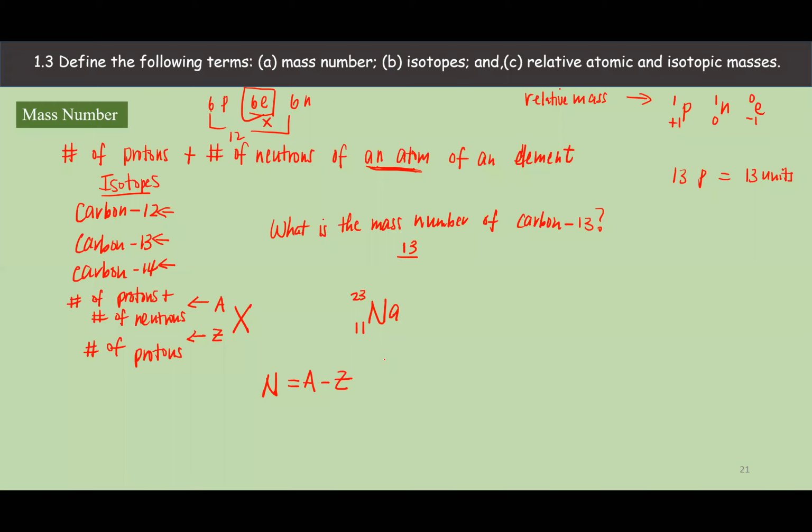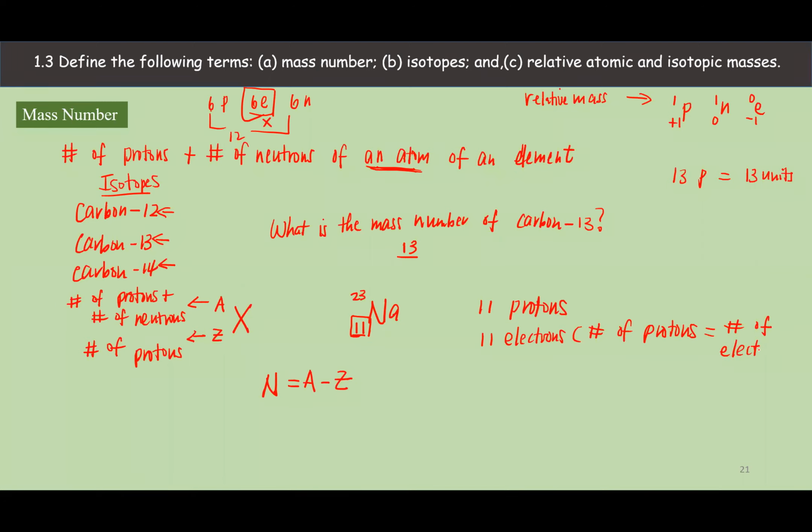So in this element sodium, we can say that sodium has 11 protons because this number at the bottom here is 11. It has 11 electrons because the number of protons is always equal to the number of electrons.